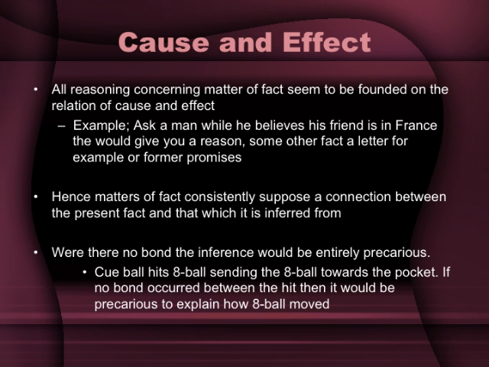Or maybe he gave a phone call and he was at a local pub or something to that nature. And even my knowledge that the sun will rise tomorrow is inferred from past experience, which tells me that the sun has risen every day in the past. So by this chain of cause and effect, I believe the sun will rise tomorrow because it's always happened in the past.